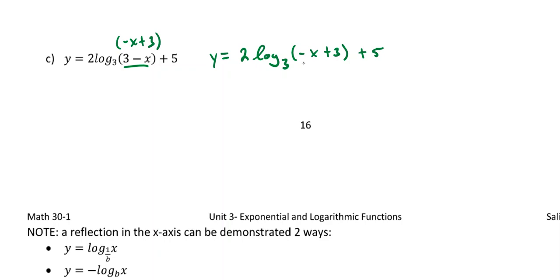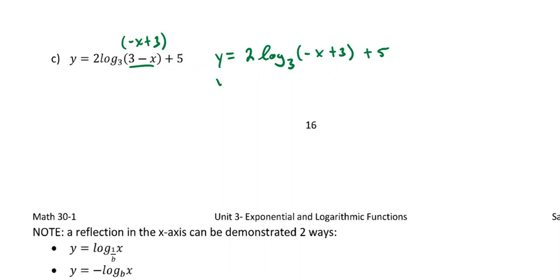This looks pretty good, but the negative is out front here. I need to factor that negative out because that's going to change my horizontal translation. So let's factor out negative 1 here. So y is equal to 2 log base 3 of negative 1 times (x minus 3), plus 5.